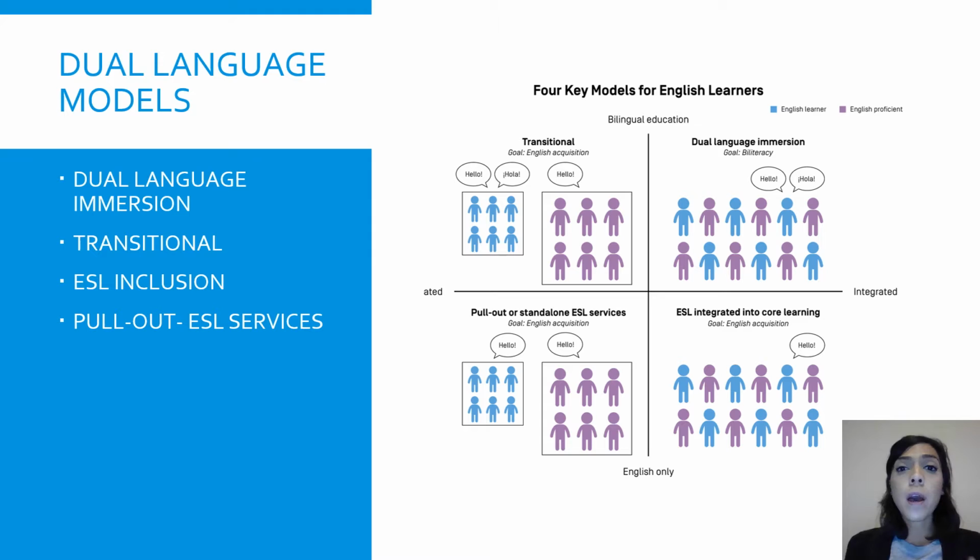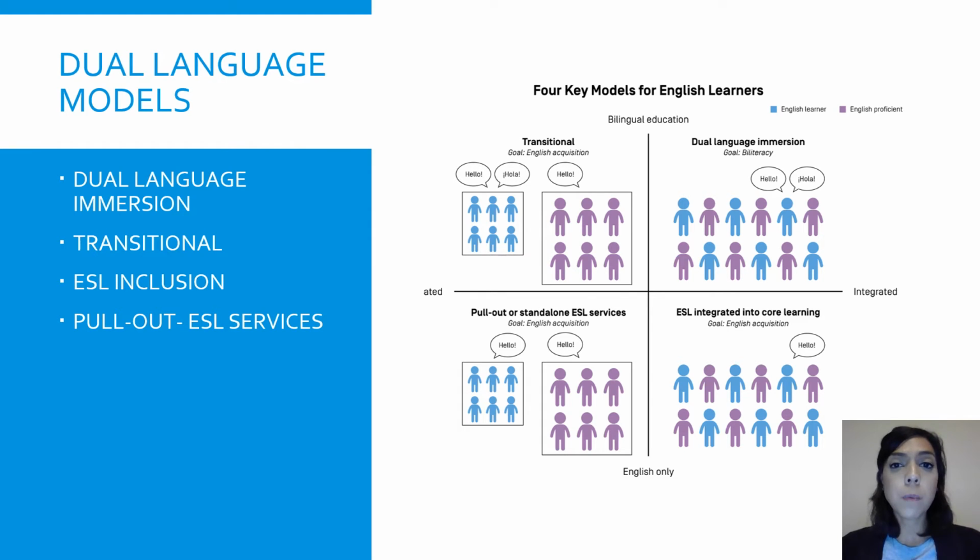So we do have a transitional program, a dual language immersion, and pull-out or standalone ESL services, or ESL integrated into core learning. But we can see how in bilingual education there is segregation here. We can see how our students are being separated.